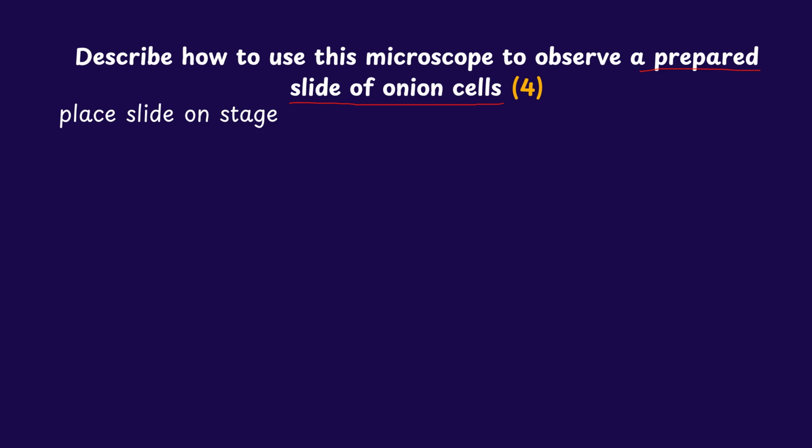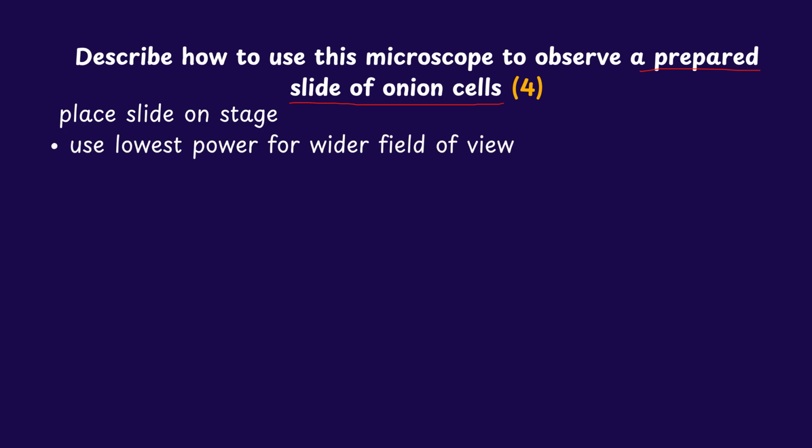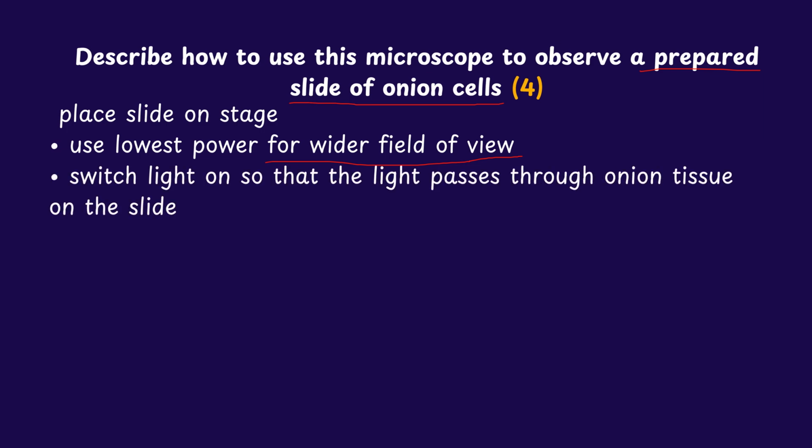So you'll place the slide on the stage and then use the lowest power for a wider field of view. You're giving relevance to the point that you have made. Why are you using the lowest power, right, for a wider field of view? Next point, switch the lights on. For what reason?